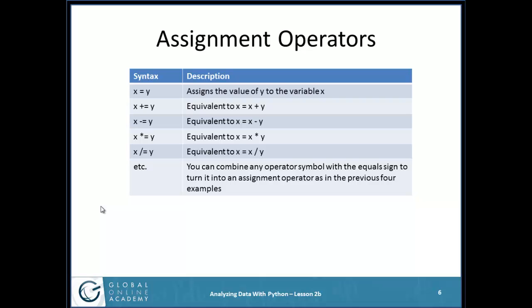X minus equals works the same way. X times equals works the same way. X divided by equals works the same way. X percent equals works the same way. They all, if I put the operator right next to the equal sign, are equivalent to saying x equals x and then the operator.